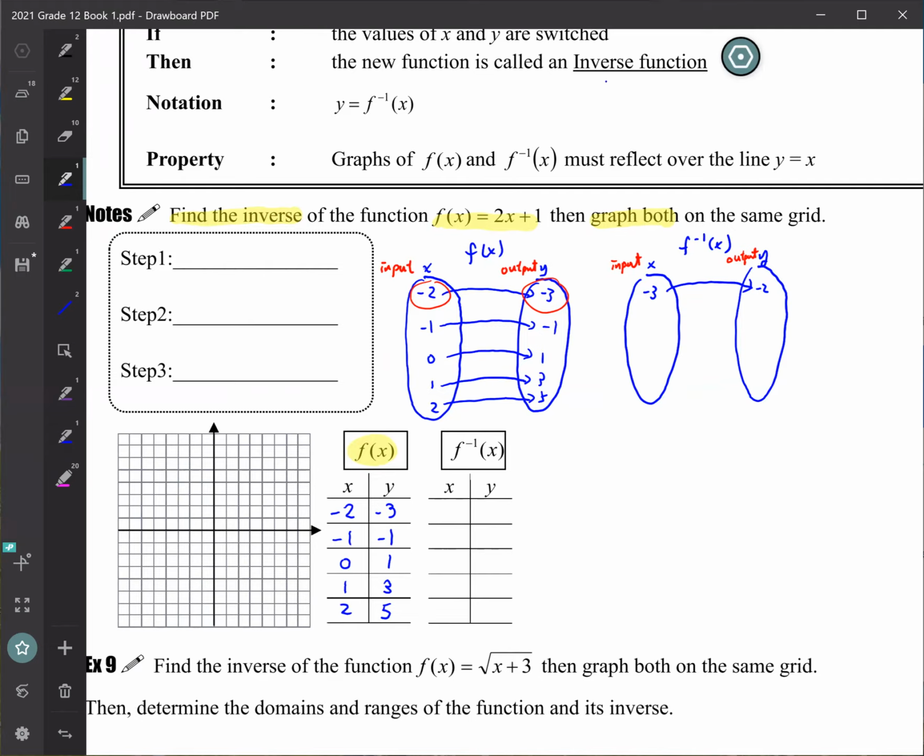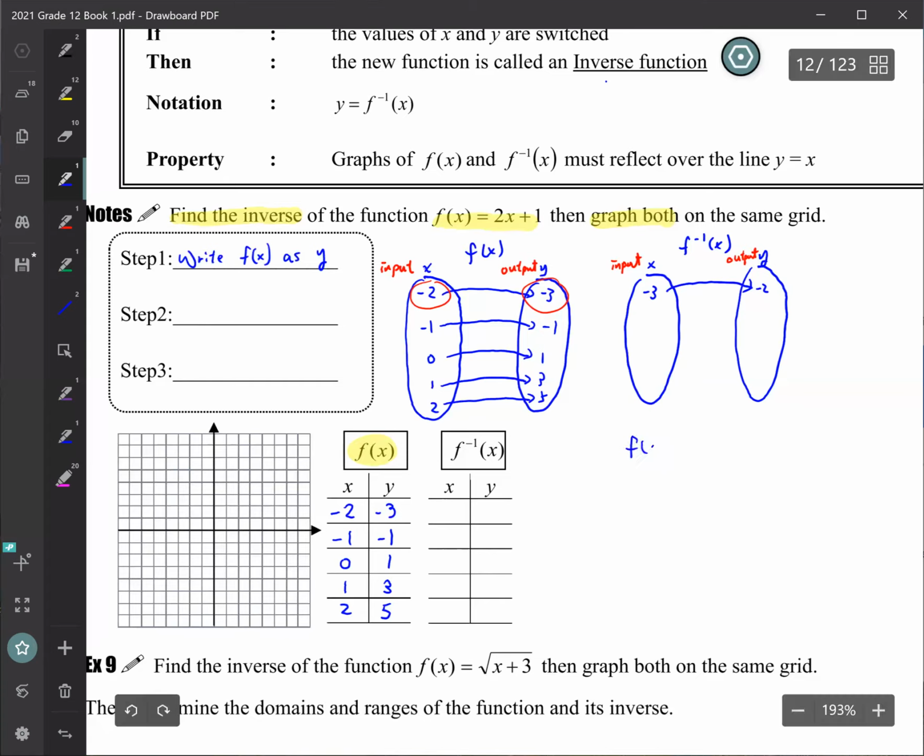Step 1 is to rewrite f of x as y, because it's easier to work with one letter. Instead of f of x, we just write a single letter y. I'll show the steps on the right hand side.